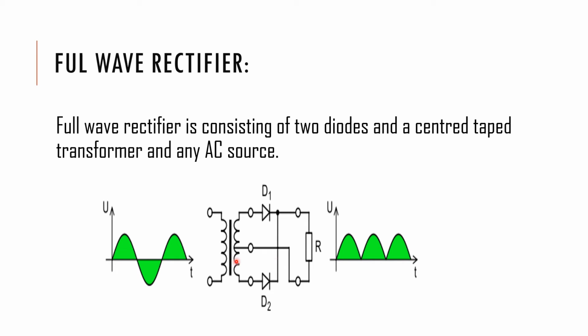During the first half cycle, the center tap will be at zero potential and D1 is in forward bias. Thus, the current will flow through it. At the same time, D2 is in reverse bias and will block the current through it. Similarly, during the negative half cycle, D2 is in forward bias and D1 will block the current through it.